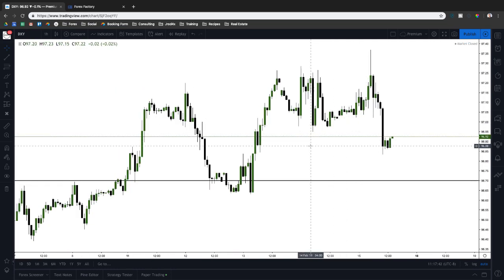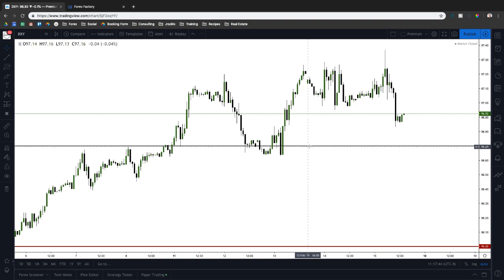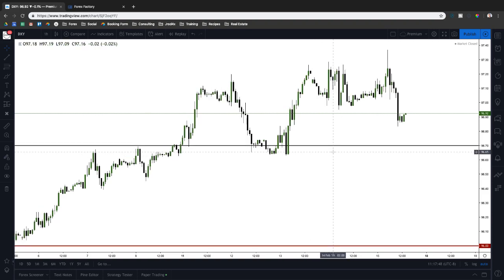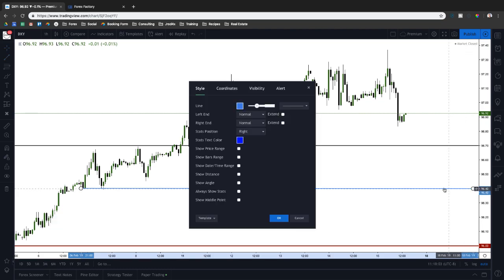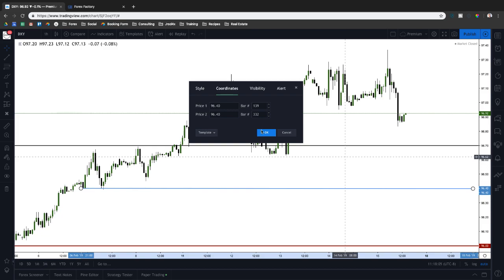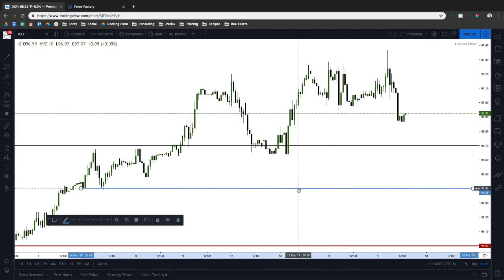Yeah. So if you look on an hourly chart, we could definitely trade back down into 96 big figure because we have these equal lows right here at 96.40. And then we also have equal lows right here.